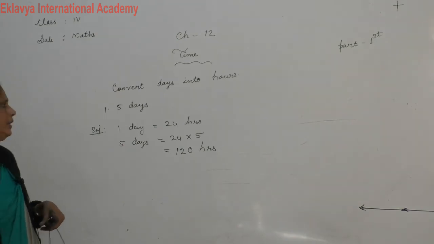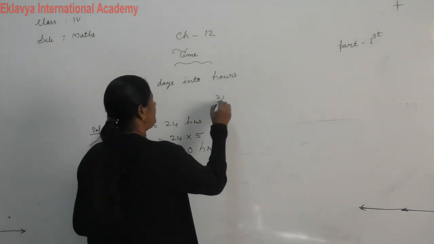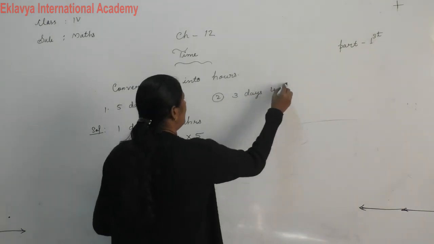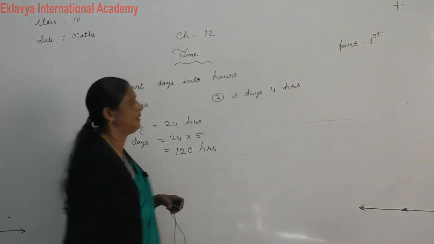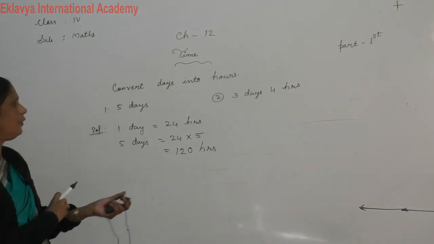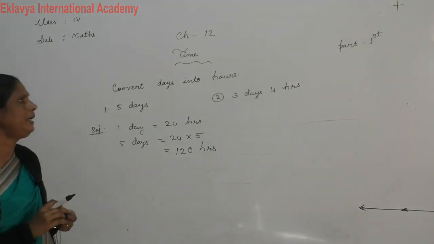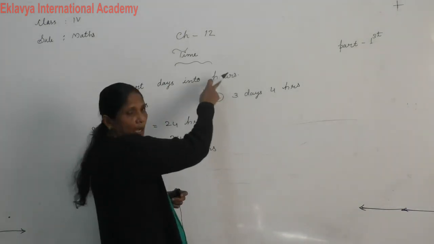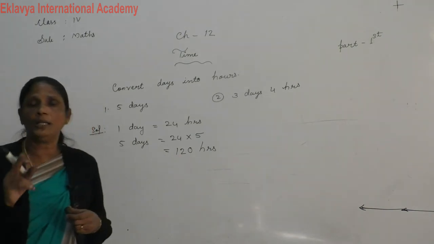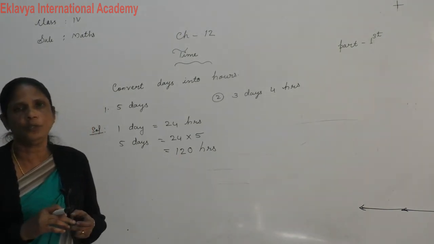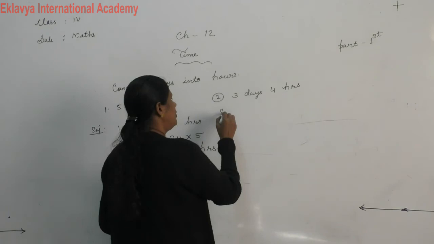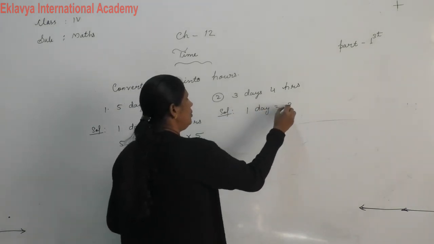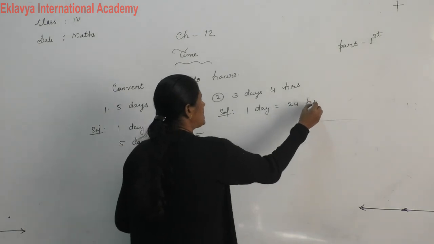Understand you? Then another question. 3 days and 4 hours. Again days into hours. What do you do? Multiply by 24. First you write the solution. 1 day is equal to 24 hours.